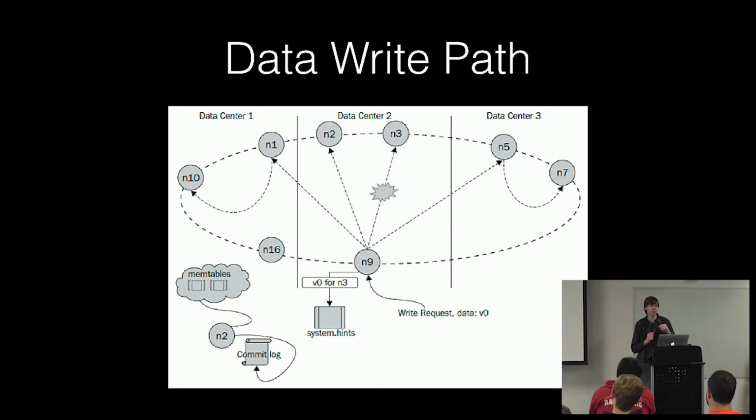It will connect to a single node that it will pick based on utilization and load and stuff like that in the remote data center, and then that remote node, in this case node 1 and 5, will become remote coordinators. So it's as if node 9 is a client again, and 1 and 5 are coordinators for that client connection. And so then 1 and 5 will talk to the nodes that the update needs to happen on.